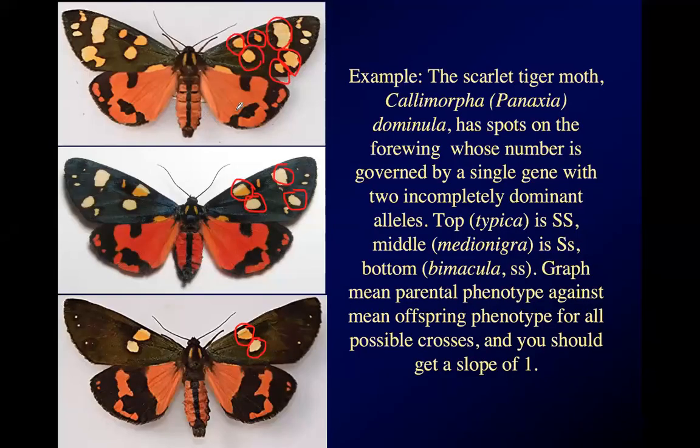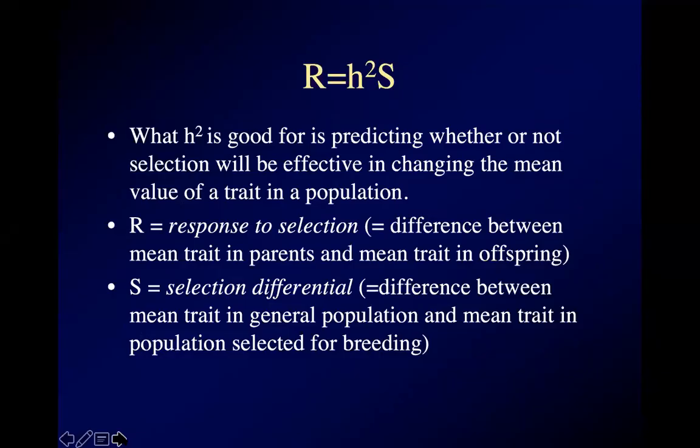The reason you might actually want to know narrow sense heritability is that it feeds into one equation that I am going to ask you to keep in mind. This is called the breeder's equation. And it's very simple: R equals H squared S. H squared, that is narrow sense heritability. That's what we've done. R is the response to selection.